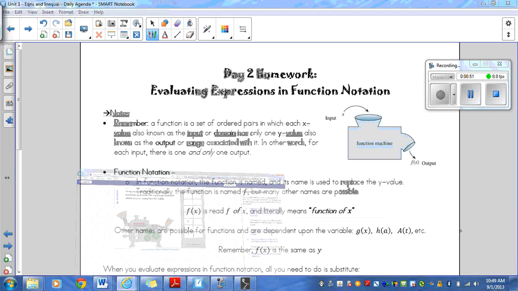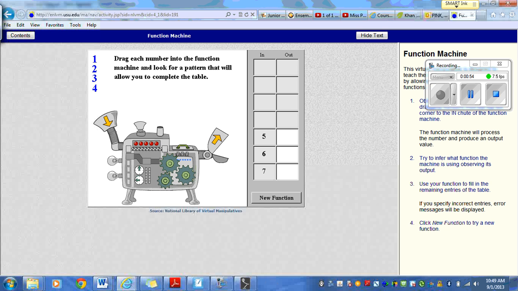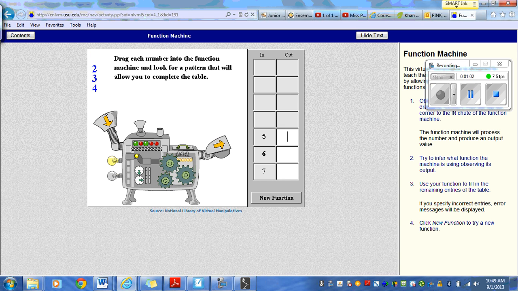So how we're going to look at the function machine is by actually dragging numbers into the function and seeing what happens. If I drag a 1 into the machine, it pops out a 1. If I drag a 2 into the machine, it pops out a 4. If you drag a 3 into the machine, it pops out a 9.